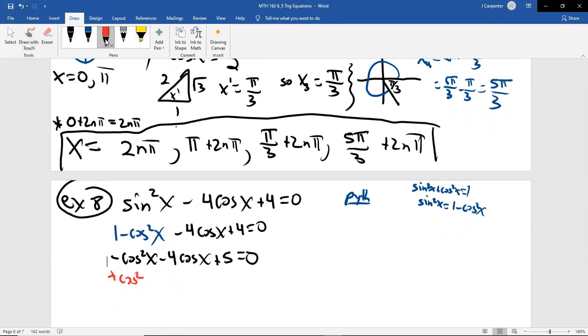So you add cosine squared, add 4 cosine x, and subtract 5 on both sides, and that would make the leading term positive. And that's what I tend to do in an Algebra 1, Algebra 2 class. But I'm going to give you the shorter version here. Multiply both sides by -1. So we take -1 times the left, -1 times the right. This will get the same job done.